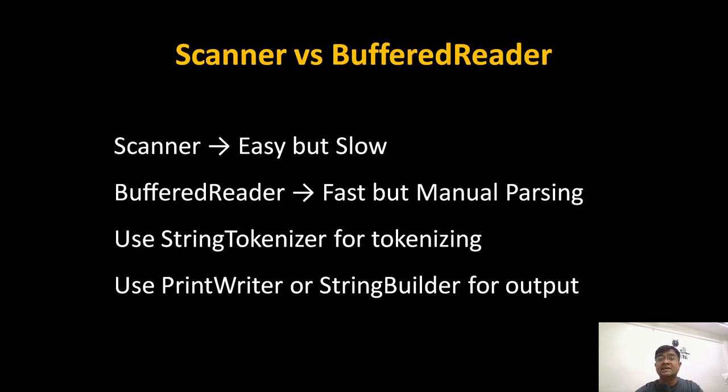That's why BufferedReader is very fast. It just simply reads raw text, and less processing is required, more speed is there, so performance is better. That's why most competitive programming coders use BufferedReader, right?